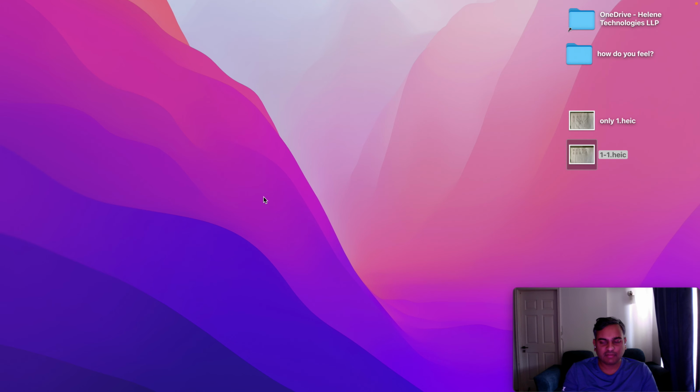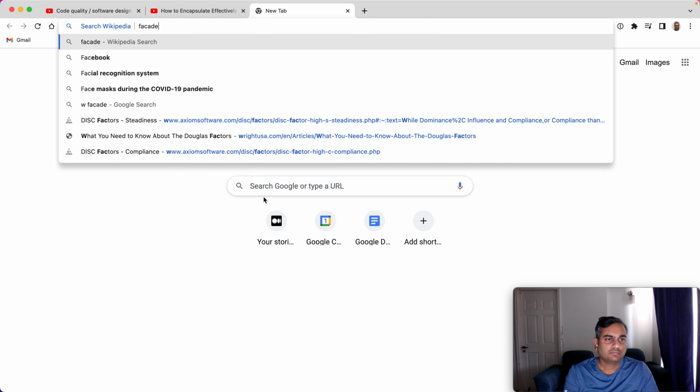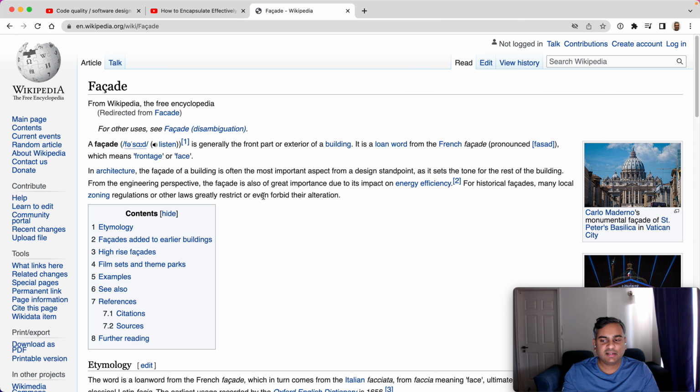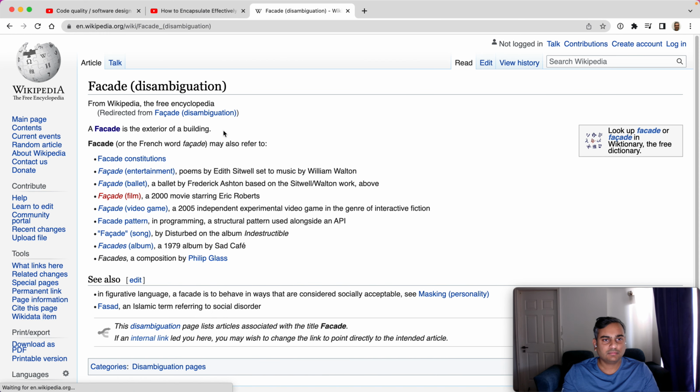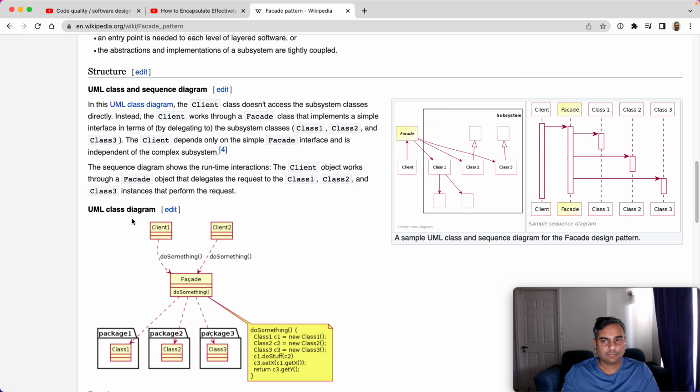For example, you could have a facade, which is a class that hides a whole subsystem behind it. So in this example, you have all of these classes that are being hidden by the facade. And these are all package private.